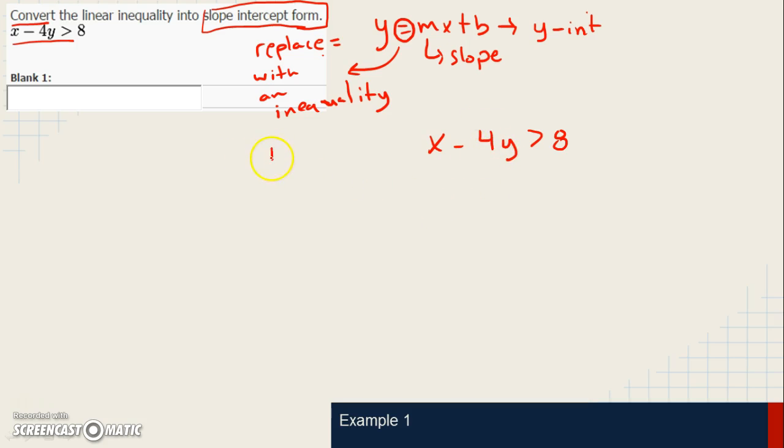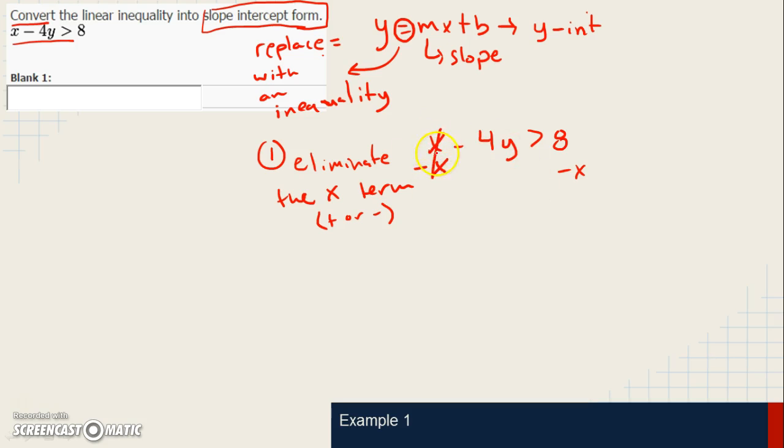So the first thing that I'm going to do here is I'm going to eliminate the x term. And when you eliminate terms, you're either going to use addition or subtraction depending upon what the term is. So since the term is positive, we're going to eliminate it with subtraction. It's the inverse of addition. So we're going to minus x and we're going to minus x.